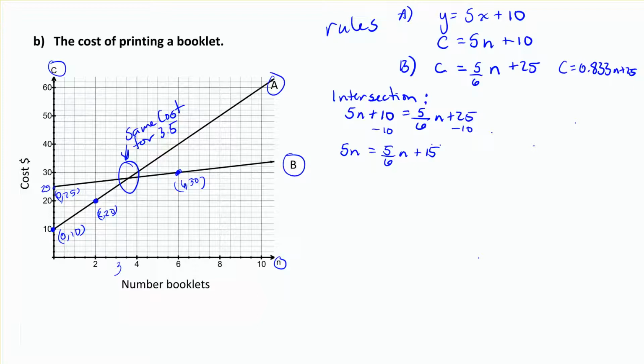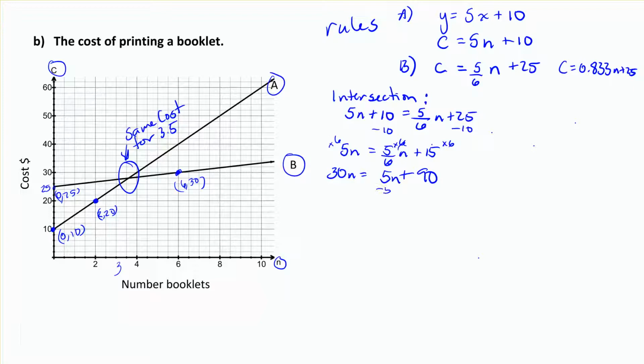I might do it this way to get rid of the 6 on the bottom, times everything by 6. So I've got 30n is equal to 5n plus 90.